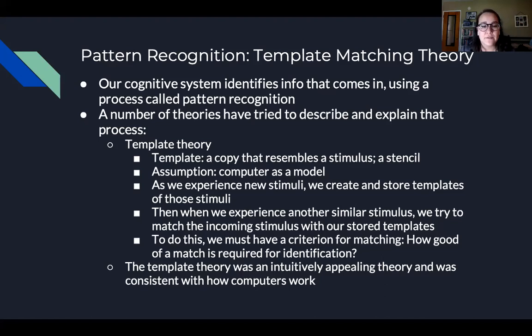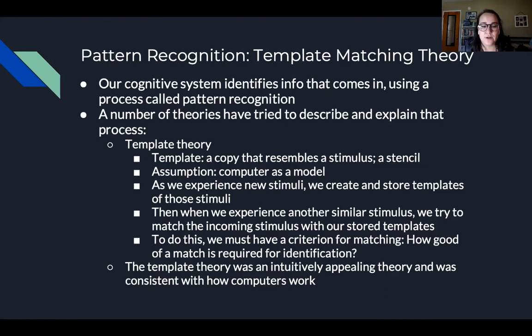And so it's believed that a process called pattern recognition is what accomplishes this task for us. However, how this process of pattern recognition actually works is not completely understood, but a number of theories have been developed to try to explain the process.